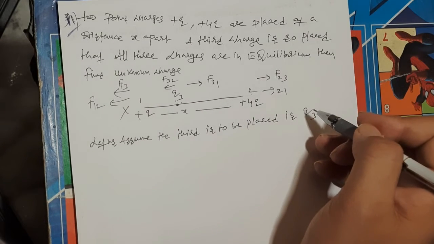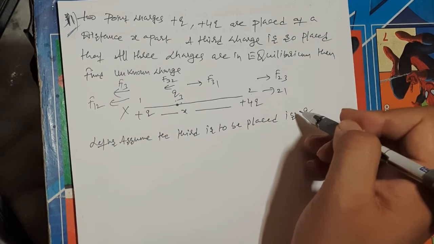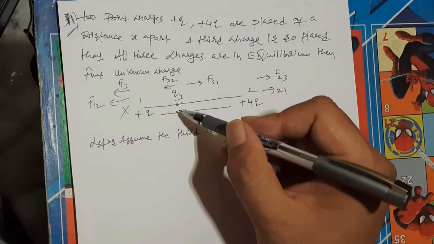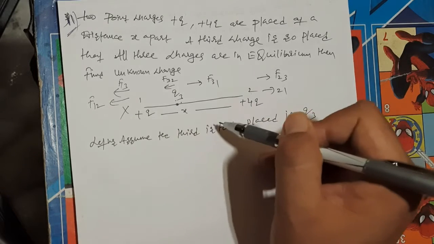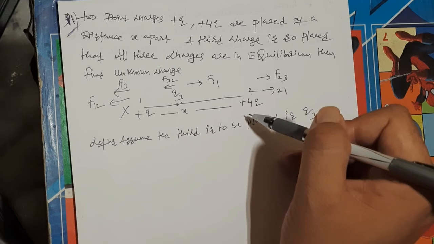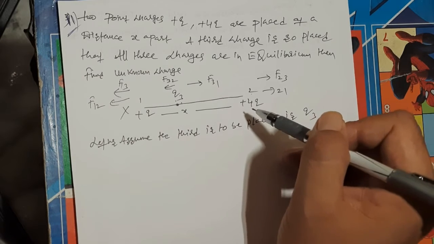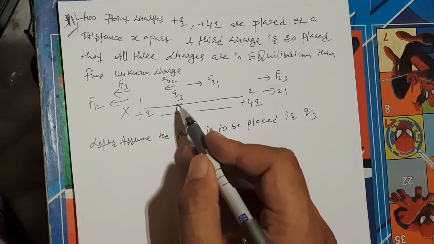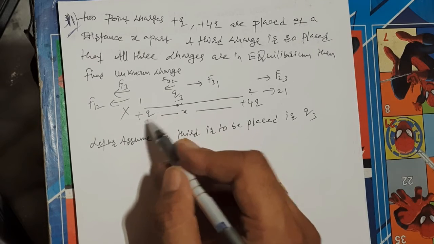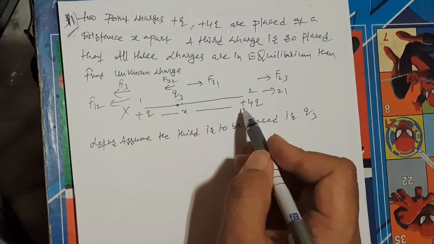So whenever we place a positive charge in between plus q and plus 4q, only charge q3 is in equilibrium, but charge q1 and charge q2 are not in equilibrium.